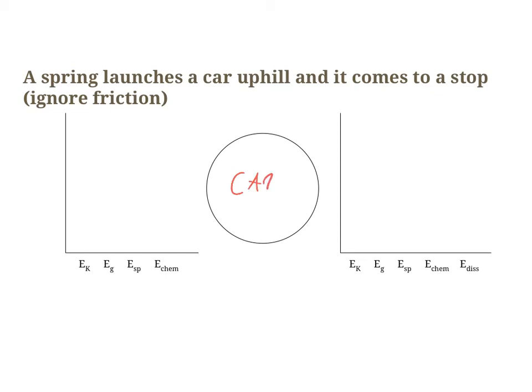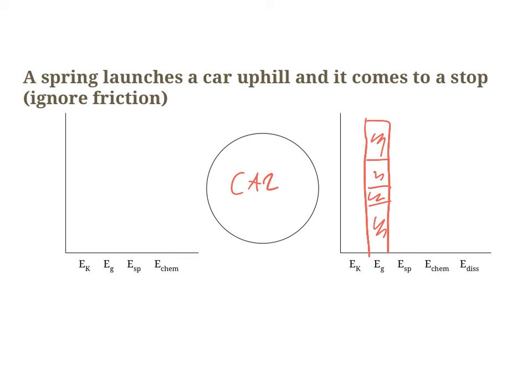So here we have a car. That's our system. We had no energy at the beginning, and at the end the car is stopped, so it doesn't have kinetic energy, but it does have a lot of gravitational energy. So how did the car get from position A to position B?